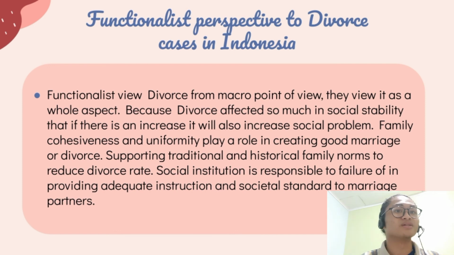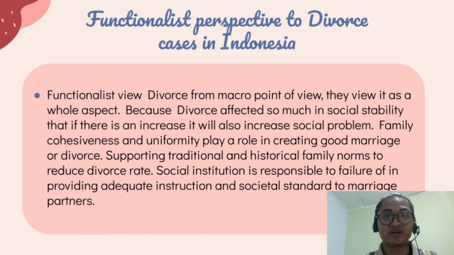We choose functionalists as our perspective on divorce because functionalists view divorce from a macro point of view. They view it as a whole, because divorce affects social stability so much that if there is an increase in divorces, social problems will also increase. Family cohesiveness and uniformity play a role in creating a good marriage, or the negative part, divorce.